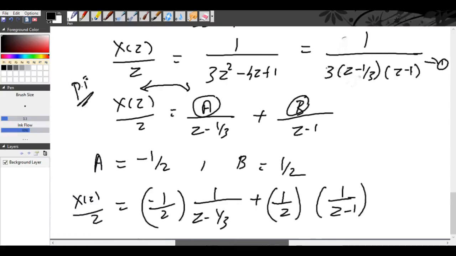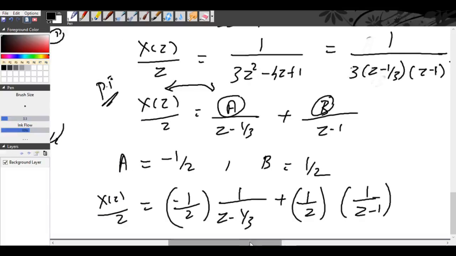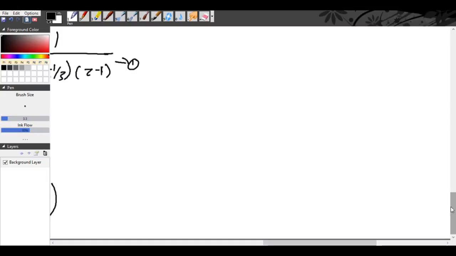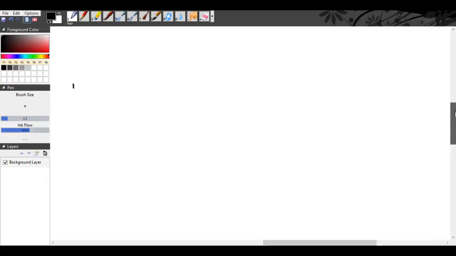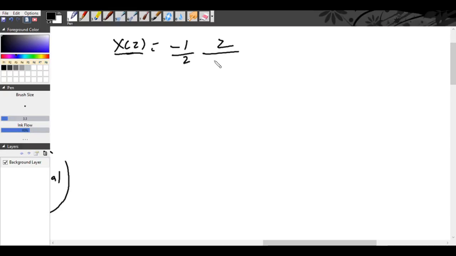This term on the left is X of z. So what is my next step? In my previous step I was having X of z by z. So z I am going to cross multiply. X of z is equal to minus half z by z minus 1 by 3 plus 1 by 2 z by z minus 1, right?